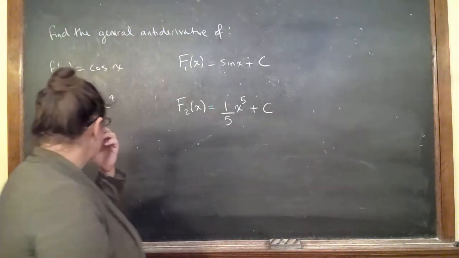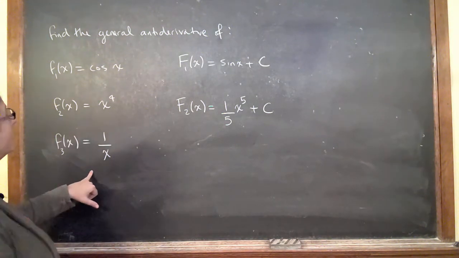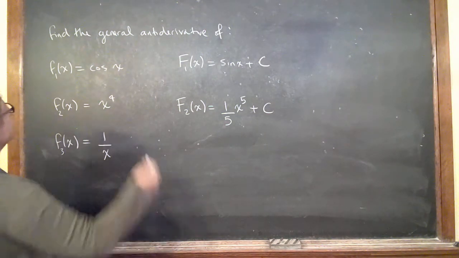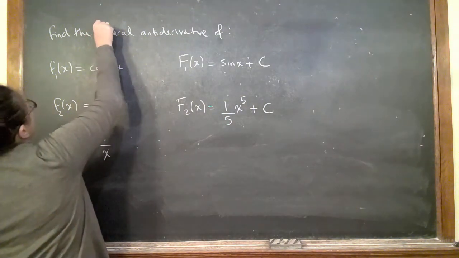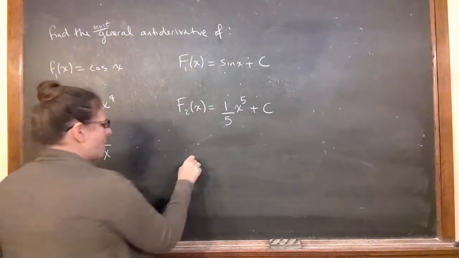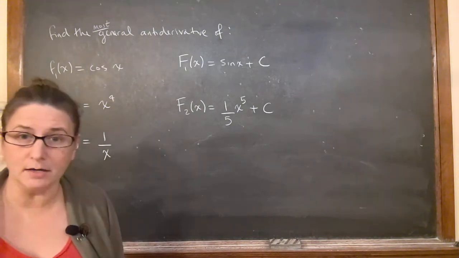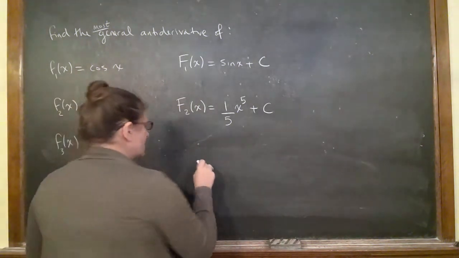Easy. All right, this third one we've got to think about for a minute. Okay, because find the most general antiderivative. So we know that the derivative of natural log is 1 over x, right? So you know that it's got to be something like that.